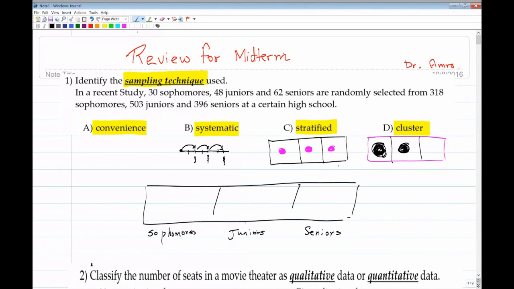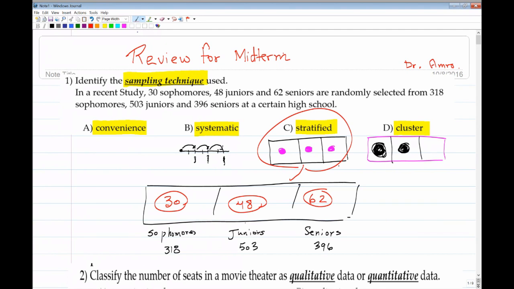The total number right here is 18, junior was 503, and senior was 396. What happened later on, you went and selected 30 from here, 48 from here, and then 62 from here. So you end up selecting out of each group, therefore this will be stratified.